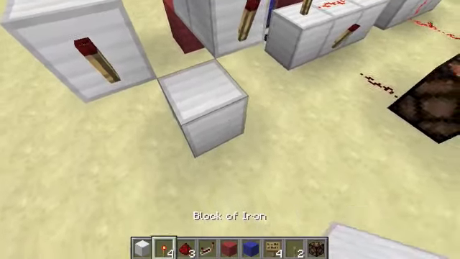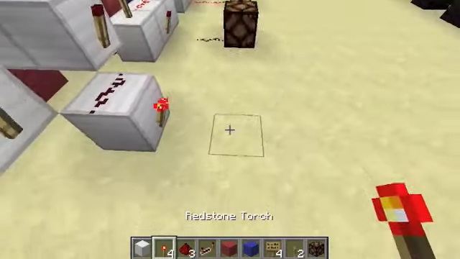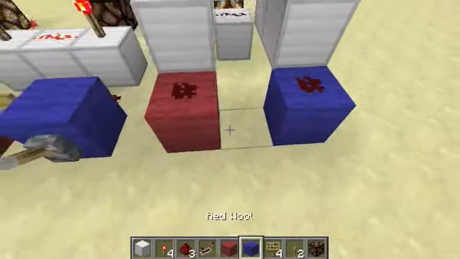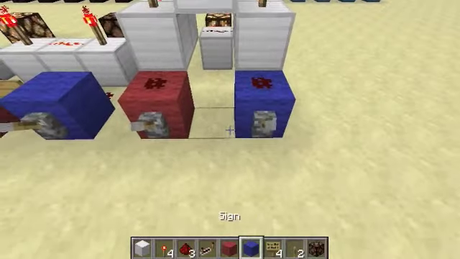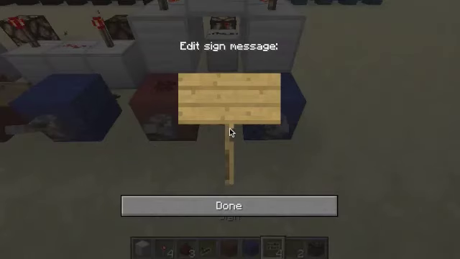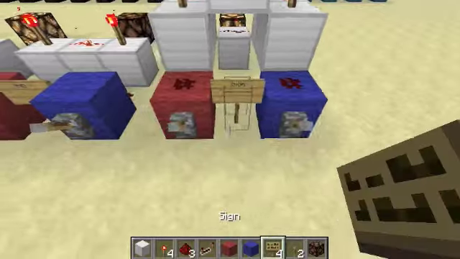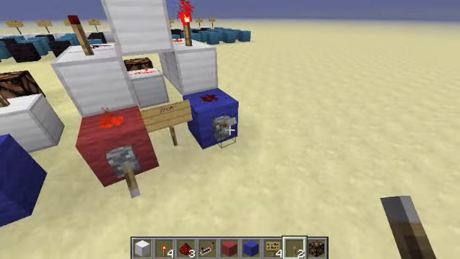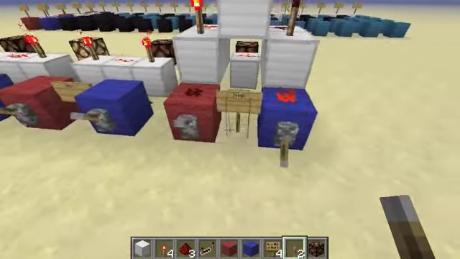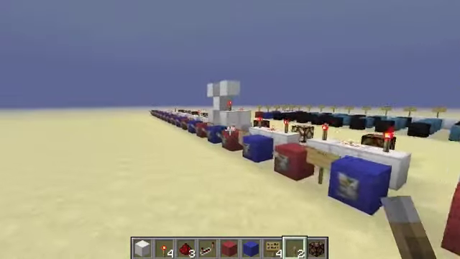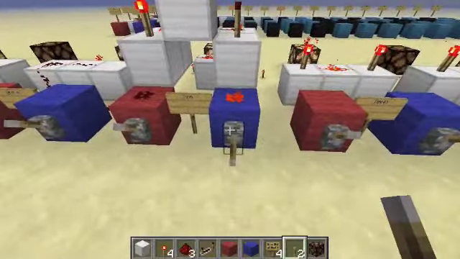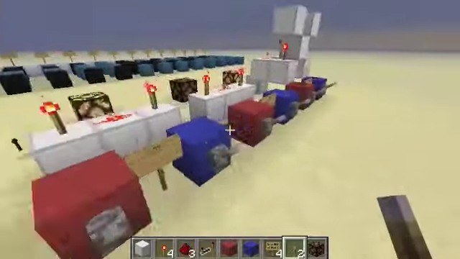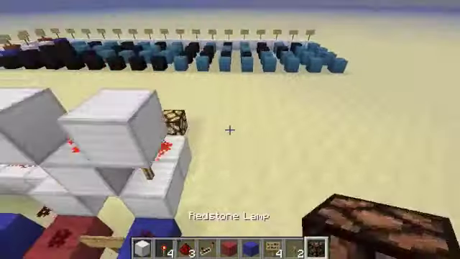So there you go, and invert, and there you go. So we're going to call this XNOR, and let's power A, power B, depower A, depower B. I'm not sure if I should do the XOR working. Let me do that just to be sure. Okay, good. You get the idea.